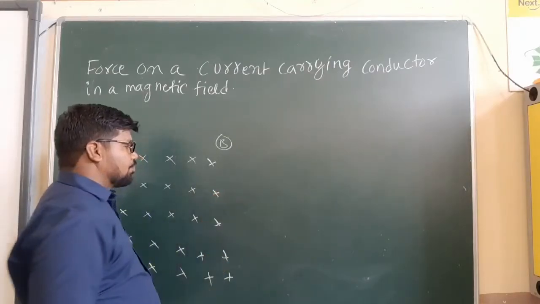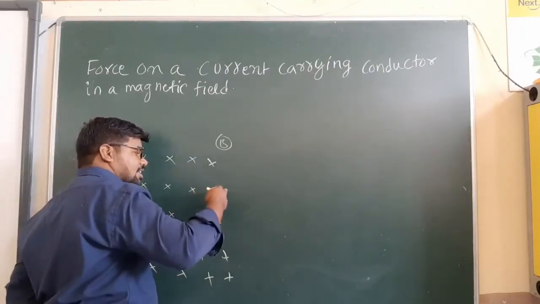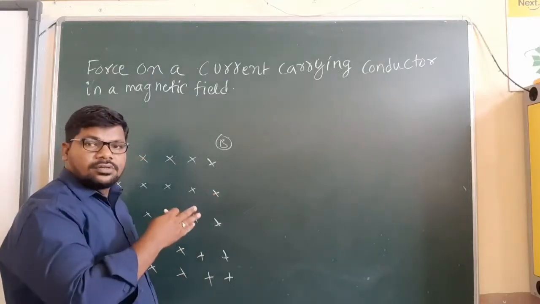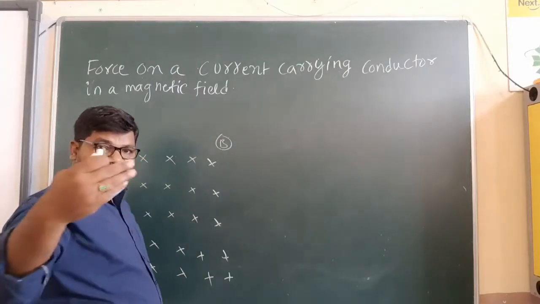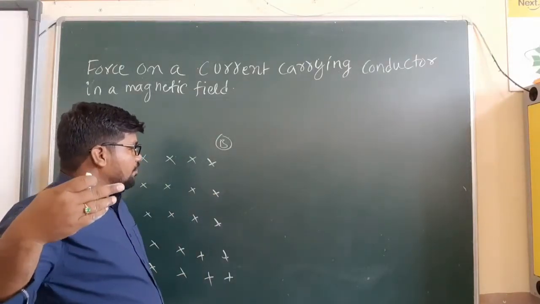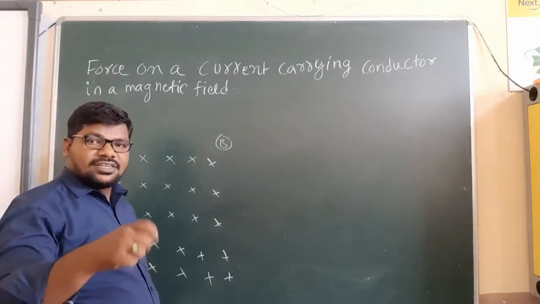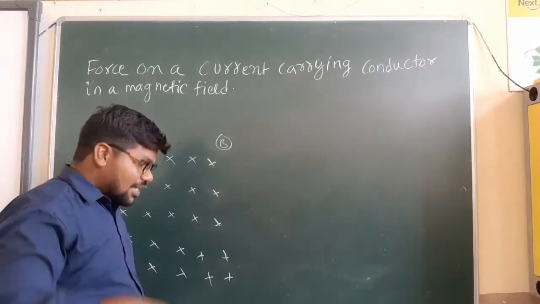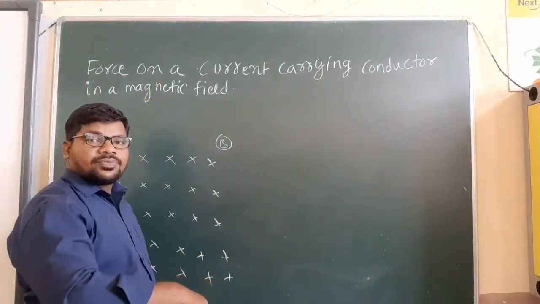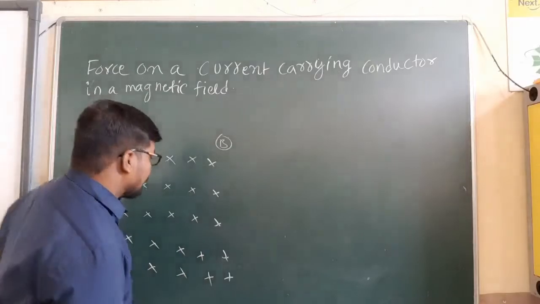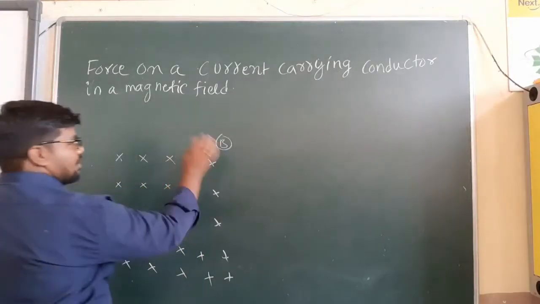Clear? It means the north pole is entering into the board, from your side the field lines enter into the board. If you write in your notebook, field lines enter into your notebook. That is the symbol. So in this case, a magnetic field is there.